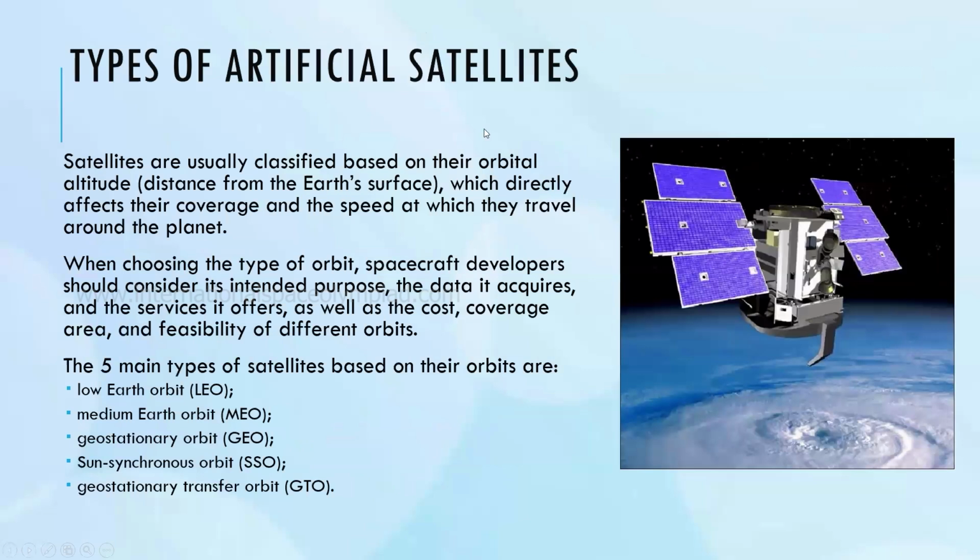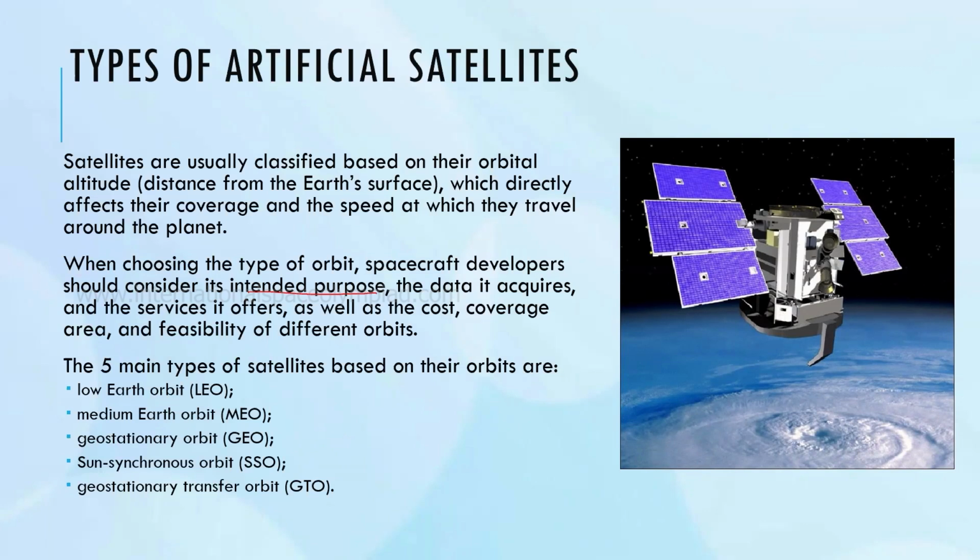Now, types of artificial satellites. Artificial satellites can be categorized in many classes. One is based on their use, that is, what is the purpose of the satellite. It can be for scientific observation, like the Hubble Space Telescope or the International Space Station.